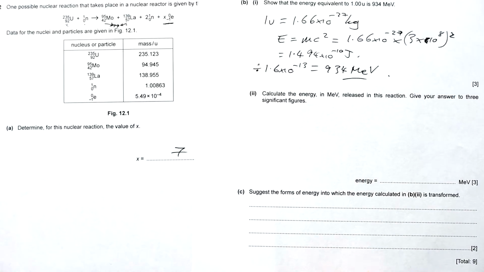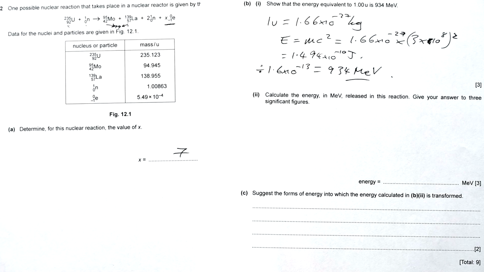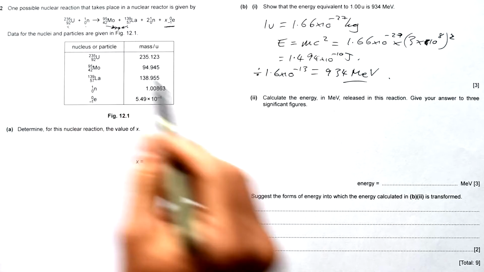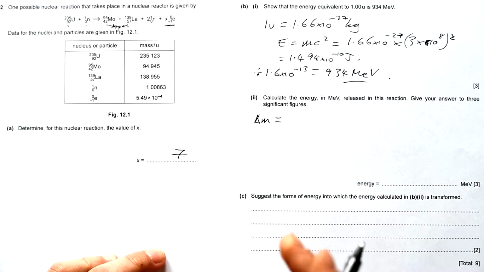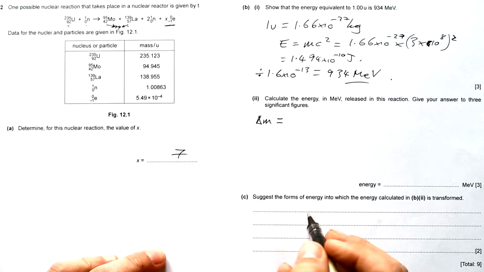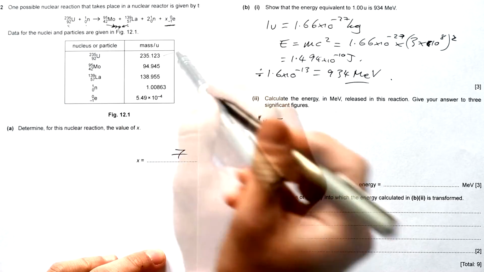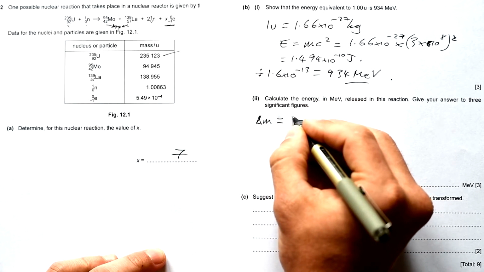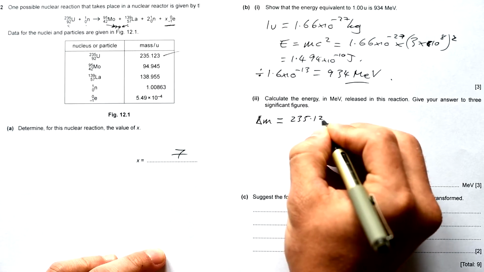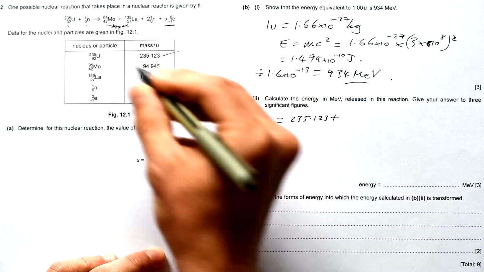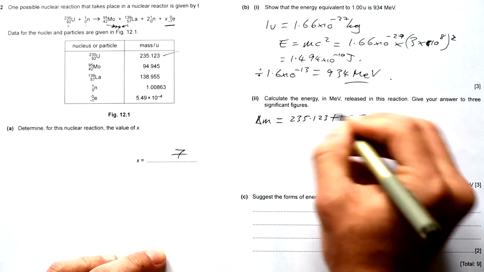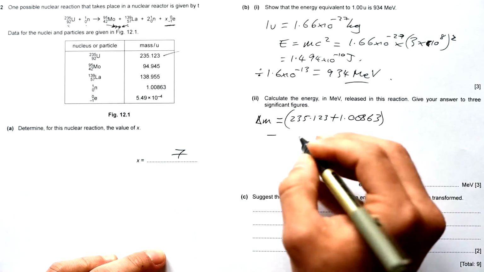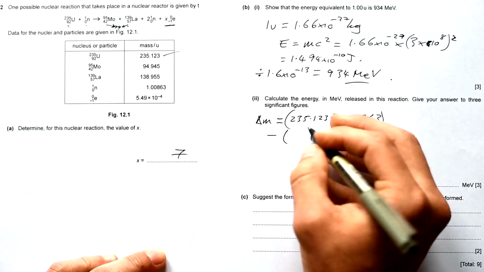Calculate the energy in mega electron volts released in this reaction. Give your answer to 3 sig figs. Okay, so we need to find the mass defect. We need to find out the difference in the mass before and afterwards. So the difference in mass is going to be the mass of this, so that's 235.123, plus our neutron, which is 1.00863, take away the mass of everything afterwards.